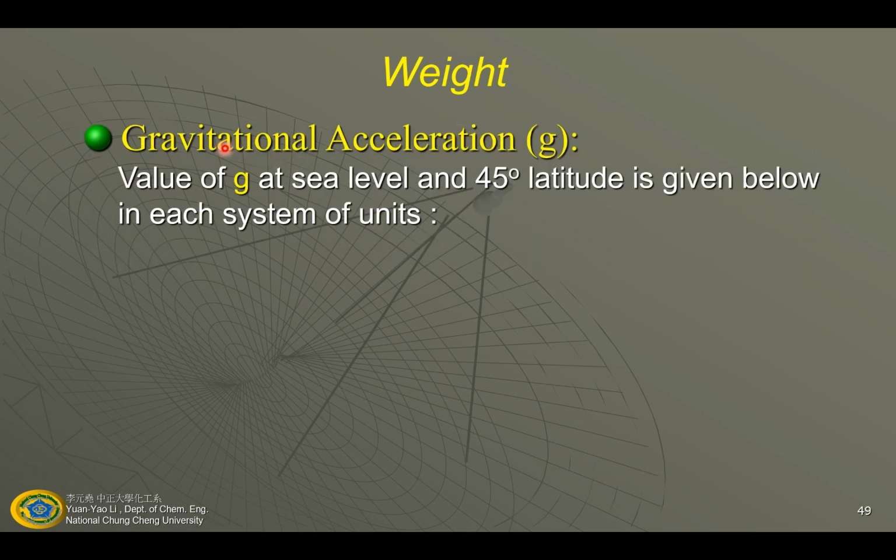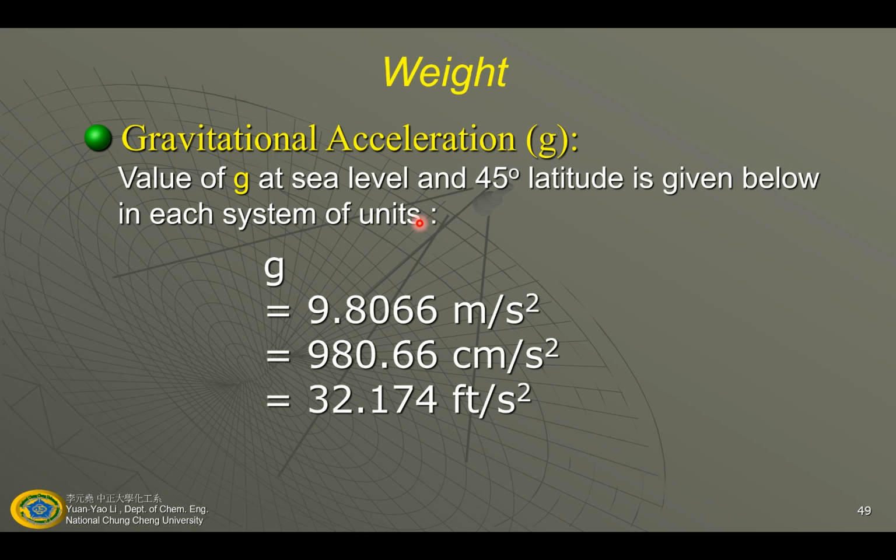So the weight will be, first of all, if you want to understand the weight, we need to know the gravitational acceleration. So the value of g at sea level and 45 latitude is given below for each system of units. The gravity will be equal to 9.8 meters per second squared, right?